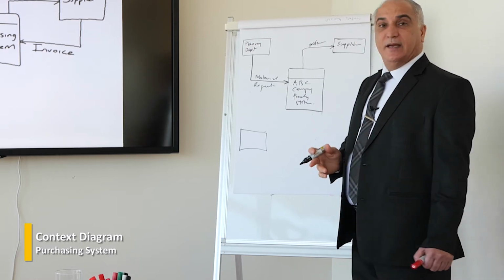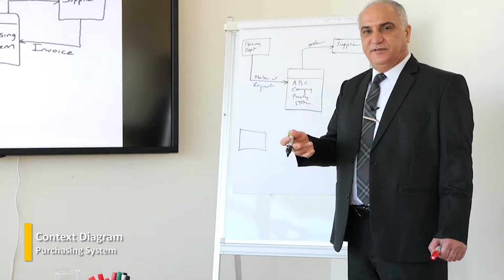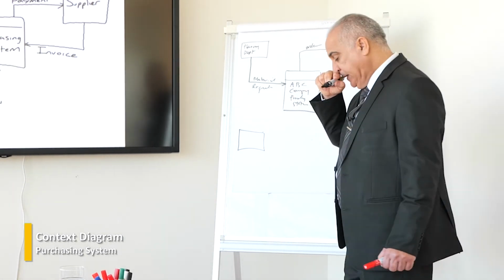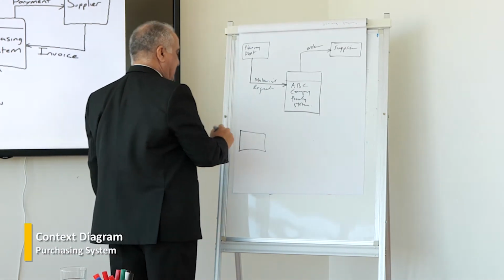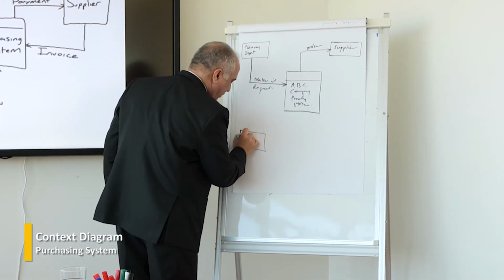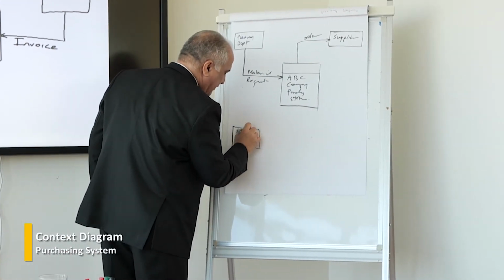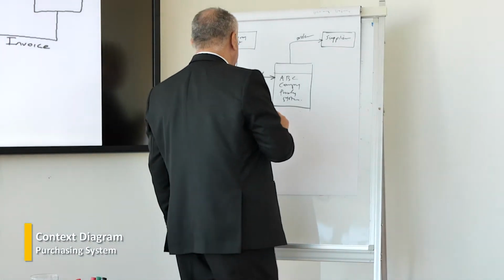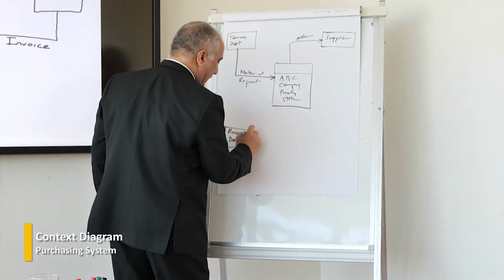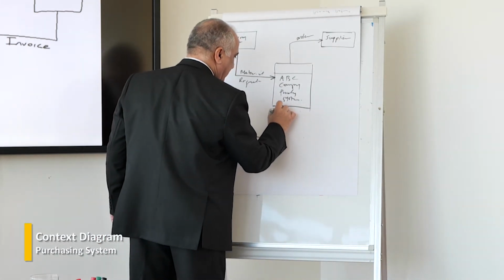So what will the supplier do? The supplier has to deliver the requested material. Usually, we'll deliver it to the receiving department, or we call it the store department. So the supplier will bring the material.